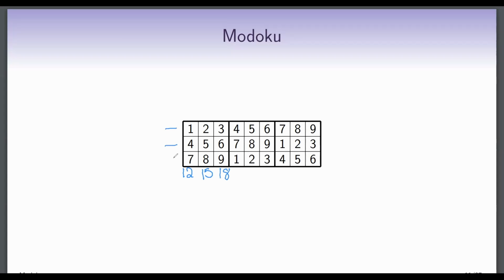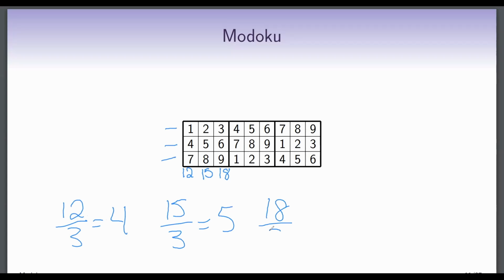Well, there are 3 elements in each column, so dividing 12, 15, and 18 by 3, we will have a perfect division for each, meaning none of them will have a remainder. So at least for this grid, our new rule holds. They all have a remainder of 0, therefore satisfying the conditions of the column rule.